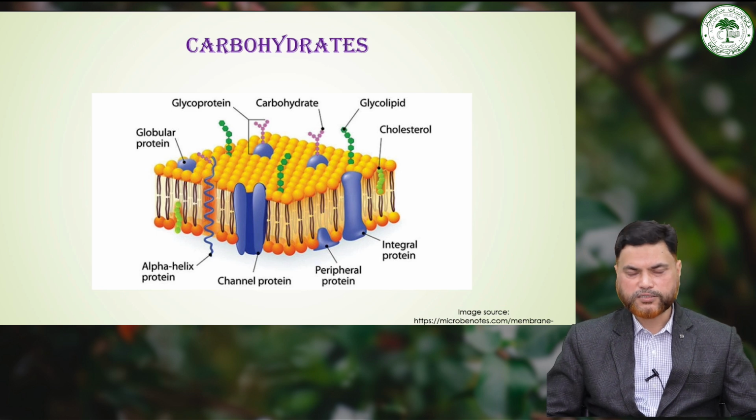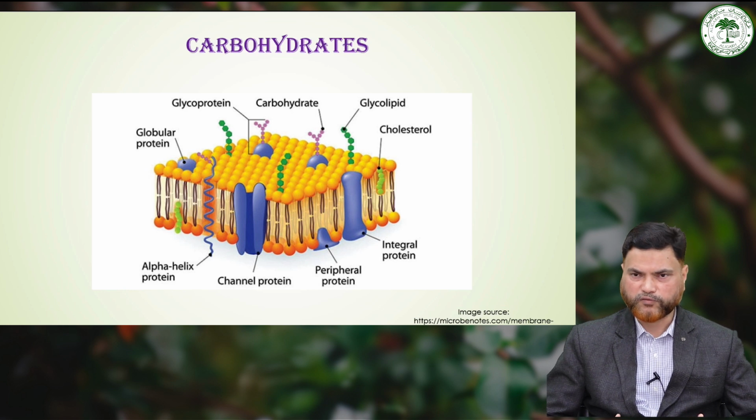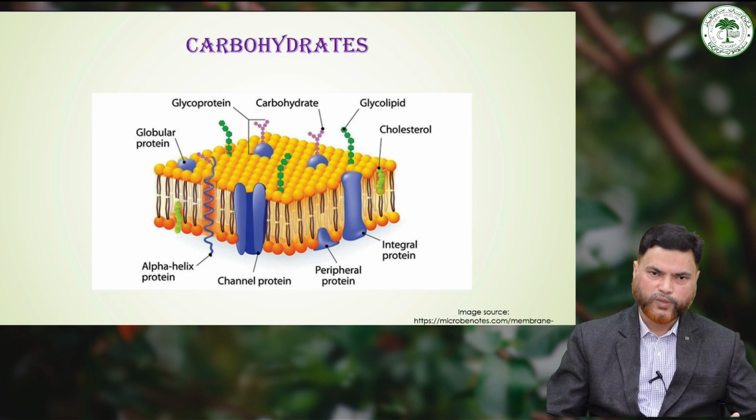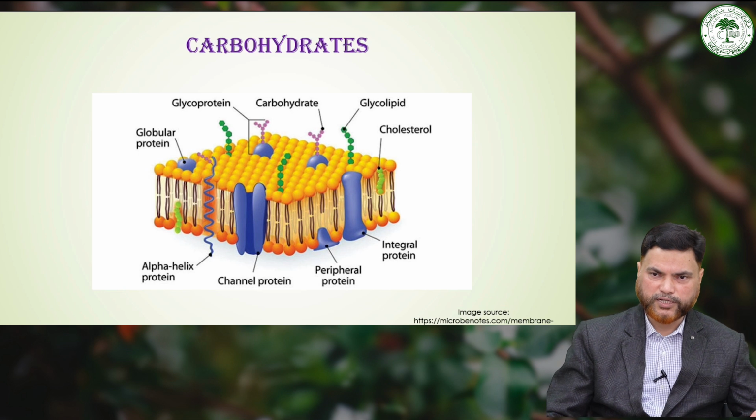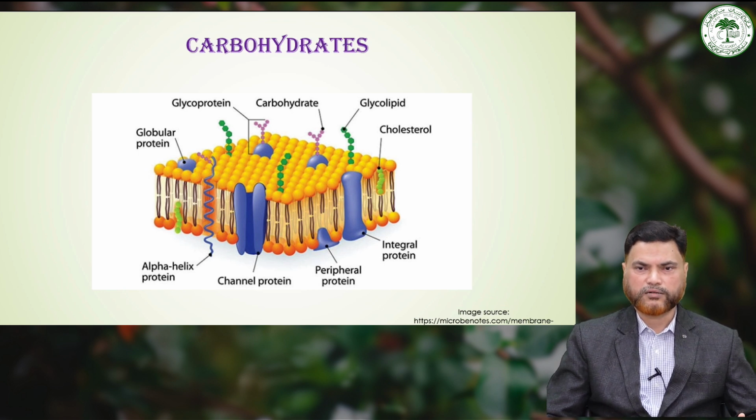Now, the next important constituent of the plasma membrane is carbohydrates. These carbohydrates form the third major component of the plasma membrane after phospholipids and proteins. In general, they are found on the outside surface of the cell and bound either to proteins, forming glycoproteins, or to lipids.